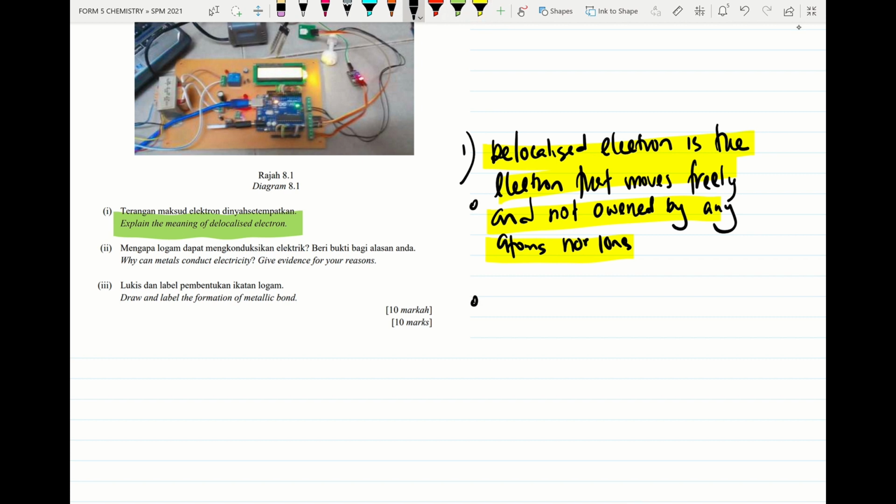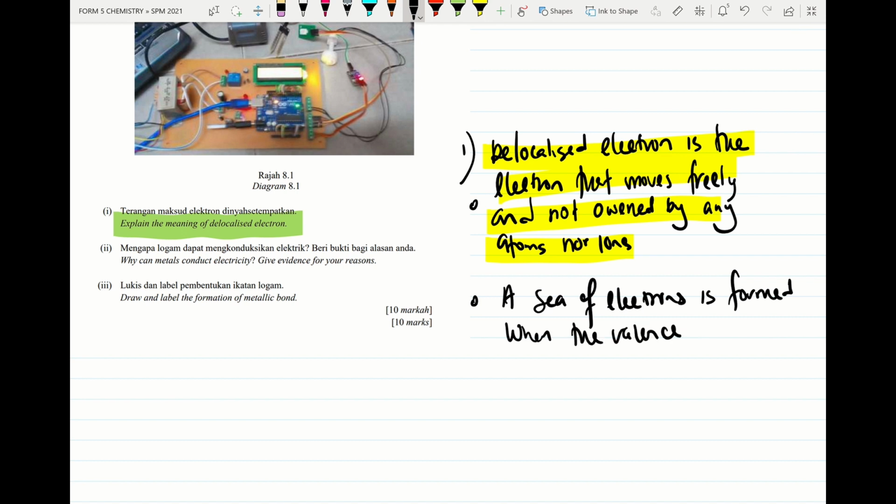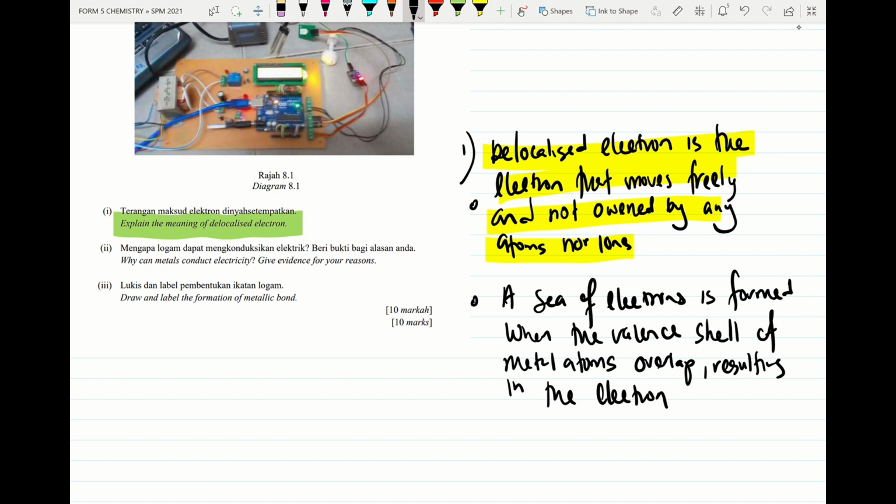The point number 2 will be the sea of electrons. The sea of electrons is formed when the valence shells of metal atoms overlap, resulting in electron delocalization.